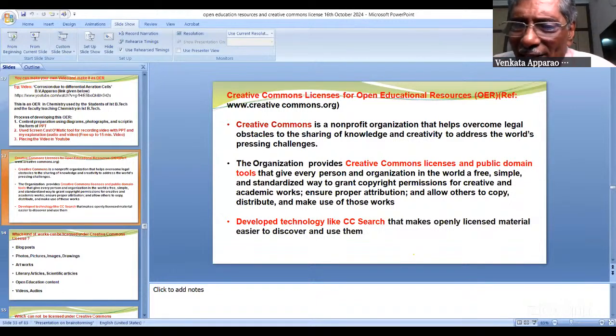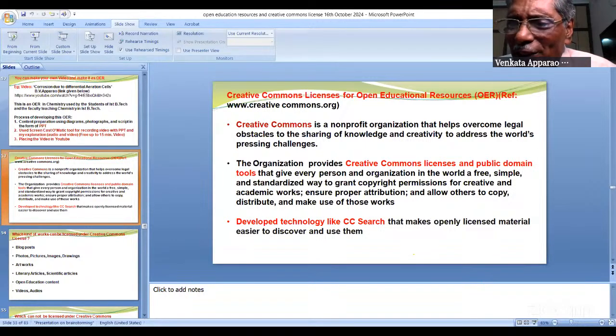Creative Commons licensing is exactly opposite to copyright. It gives you license for your work, but others can make use of it very freely. It is enough they give attribution to you. But in the case of copyright of a book, for example, you have to purchase the book.